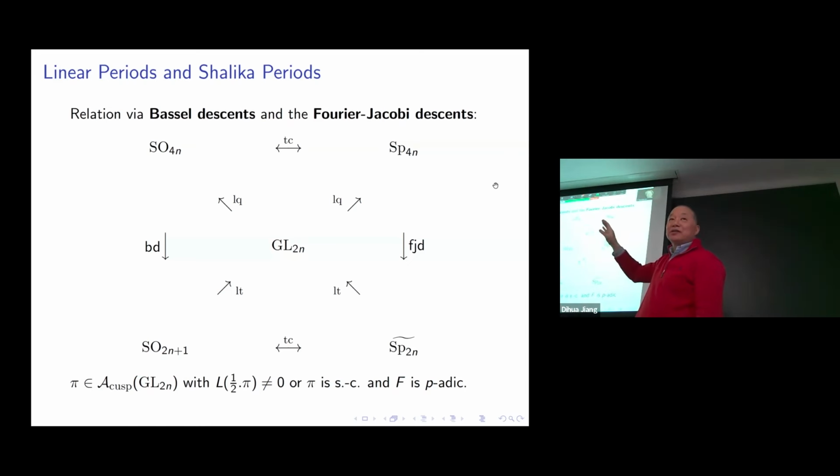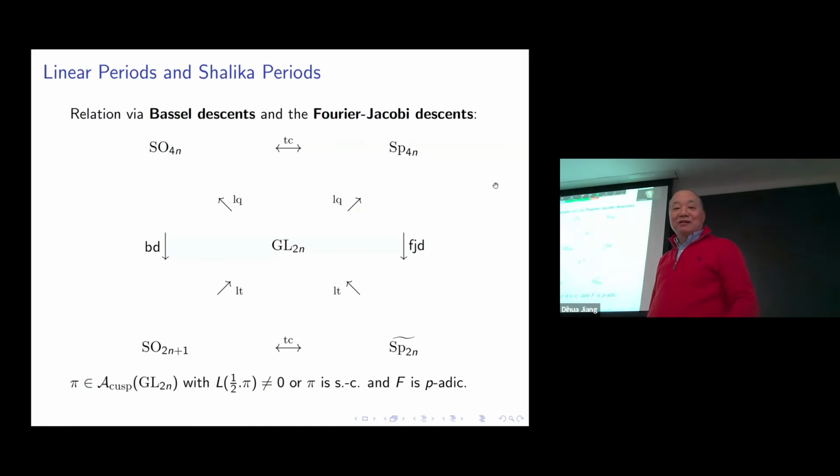Okay, so theta correspondence switches this generalized Shalika period to the symplectic linear period. Okay, for the symplectic linear period, I think Omer was talking about something more general like this. This diagram actually also accumulates many people's work, but I didn't write all the names.